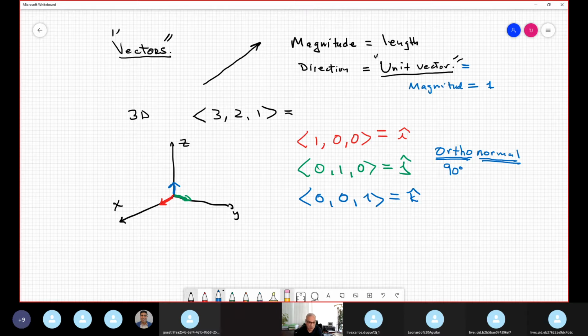I promise in a few seconds I will explain some examples. But the most important thing now is that you can write, if you want, this notation in a different notation. It's 3i plus 2j plus 1k. This is the Hamilton notation.